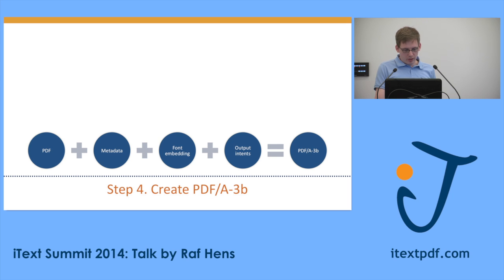So now that we have a PDF/UA file, let's take a step back and start from the regular PDF file again to build a PDF/A-3B file, so a file suitable for archiving, but only from a visual point of view. PDF/A in general is concerned with long-term preservation.